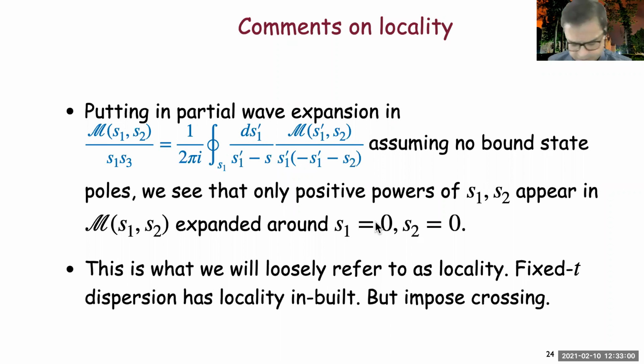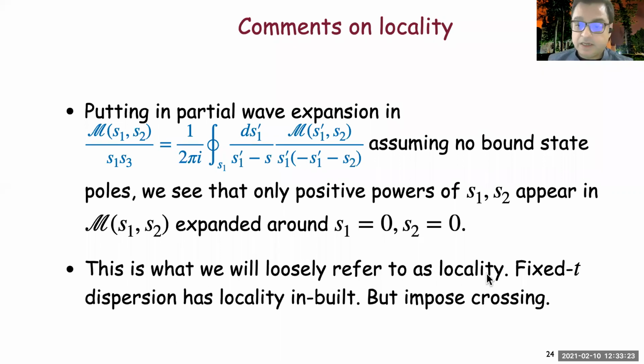So I'm assuming there's a mass gap in quantum field theory, and also some twist gap in conformal field theories. But basically, you will not see any negative powers appearing in the expansion around S1 equal to 0, S2 equal to 0. So this is, loosely speaking, what we will refer to as locality.